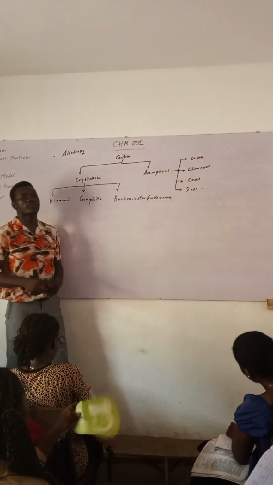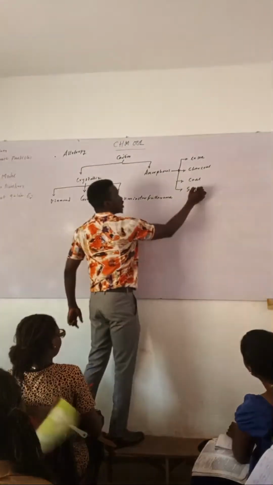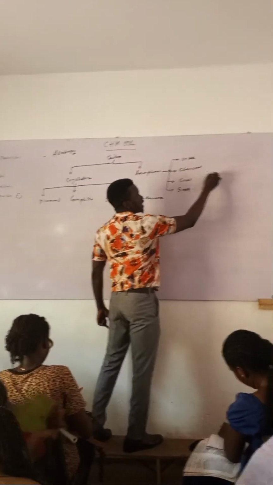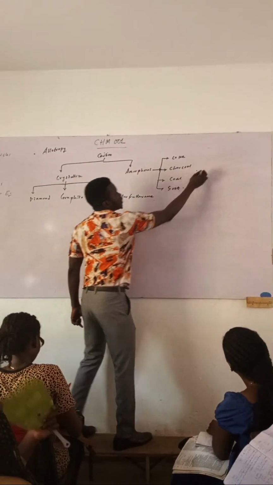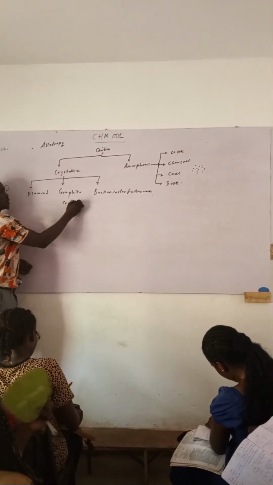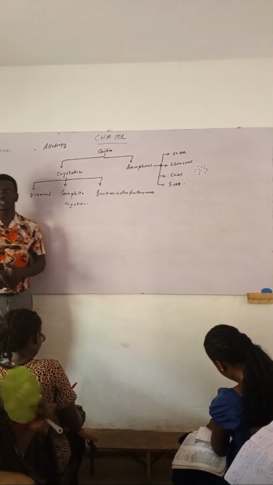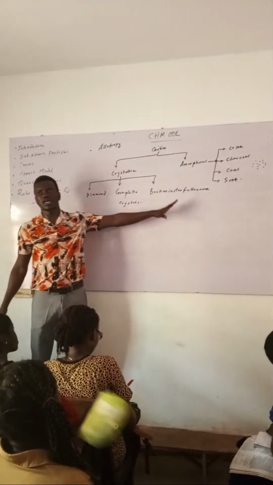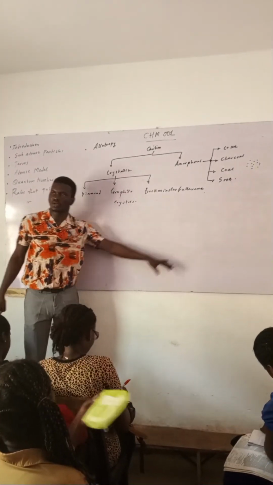So you have the different allotropes of carbon. These usually exist as powder, while the crystalline ones usually exist as crystals. That's the difference. We are going to talk about them under inorganic chemistry.